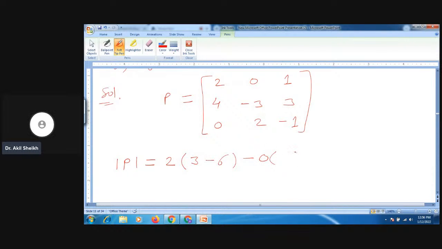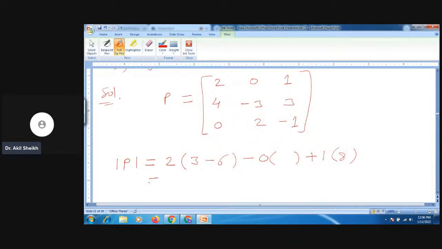Instead of finding eigenvalues by using lambda cube minus S1 lambda square plus S2 lambda minus determinant of A, we just find its determinant. So first 2 into, ignoring first row, first column, and finding the determinant of the remaining elements. It becomes -3 into -1 becomes plus 3, minus 3 to the 6 minus 0 into any term becomes 0, and signs alternating. Next term is plus 1 into, ignoring first row and third column, taking determinant of remaining elements. So 4 into 2 minus 0 means it is 8.